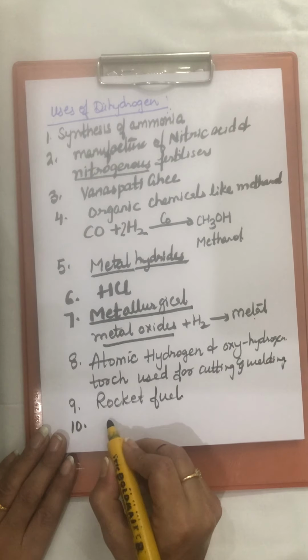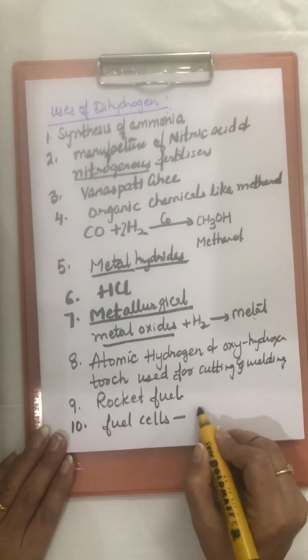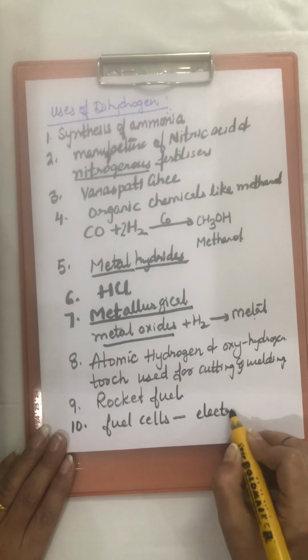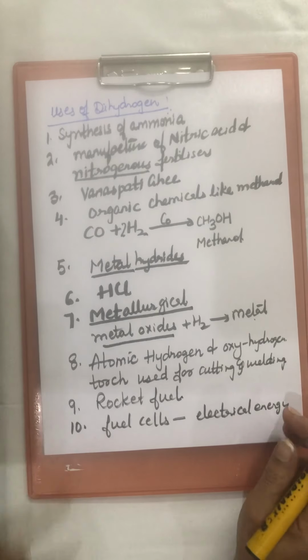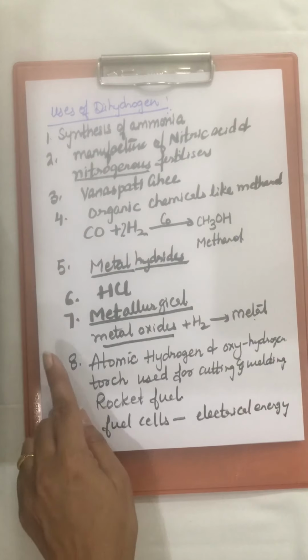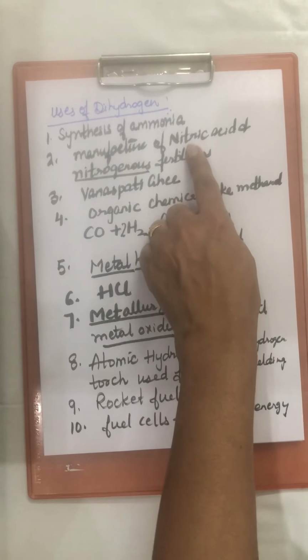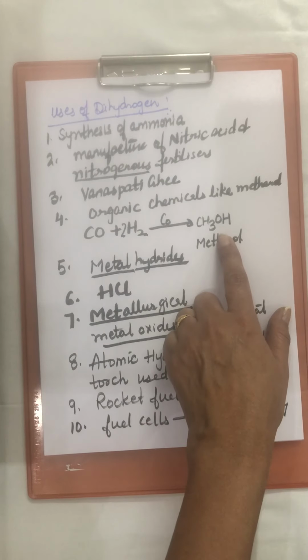It is also used in fuel cells for generation of electrical energy. So these are some of the uses of hydrogen. In synthesis of ammonia, nitric acid, vanaspati ghee is made. Some organic chemicals like methanol are made from hydrogen.